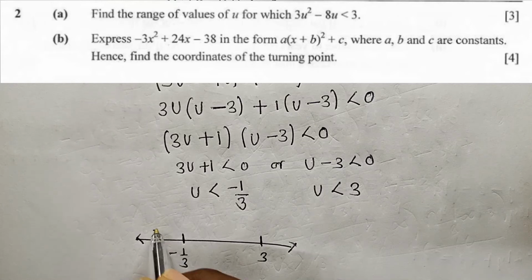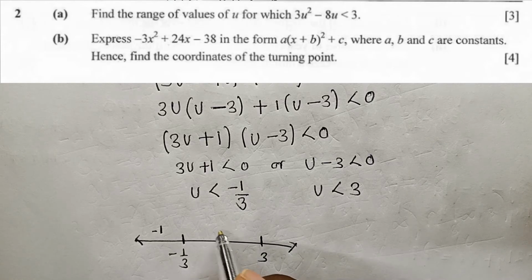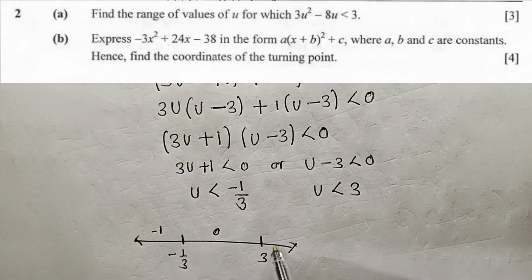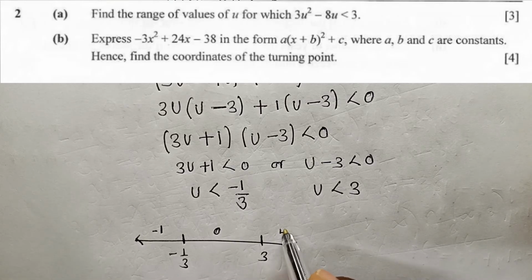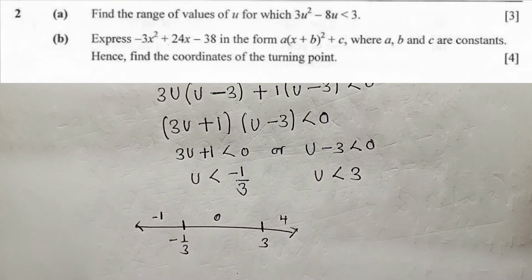So I'm going to pick negative 1 because negative 1 is less than negative 1 over 3. Here, any number between negative 1 over 3 and 3, which in my case I'll pick a 0 because it's in between. You can pick any number. Here I'll get a 4, any number that is bigger than 3.